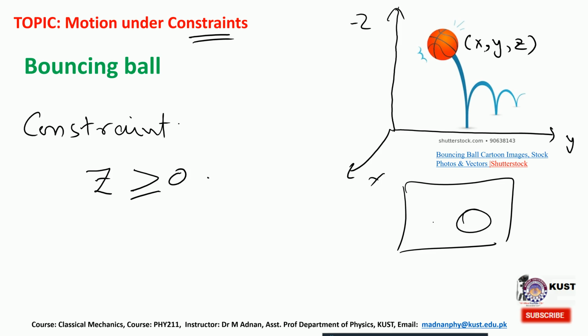Since the equation of constraint is expressed in terms of inequality, we can say that this is a non-holonomic constraint.